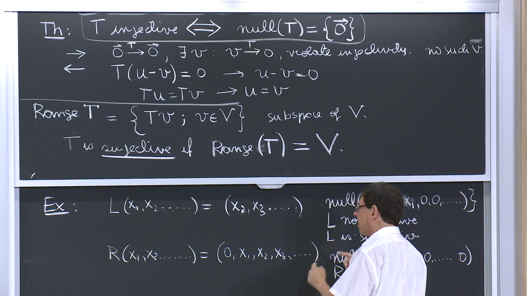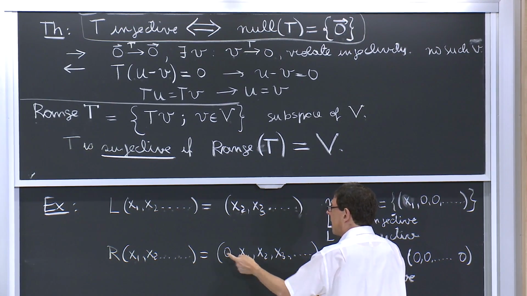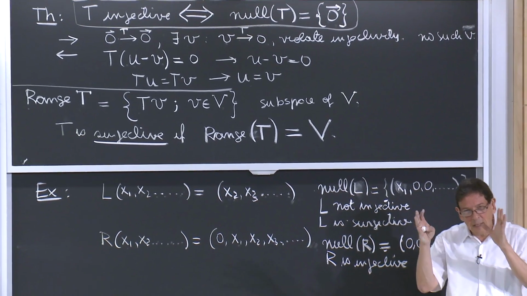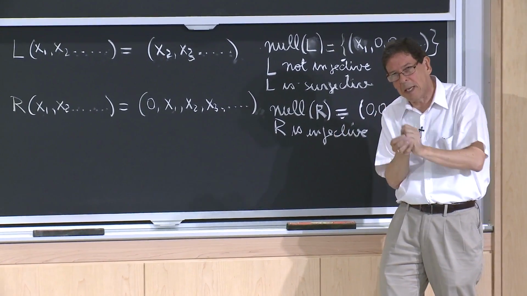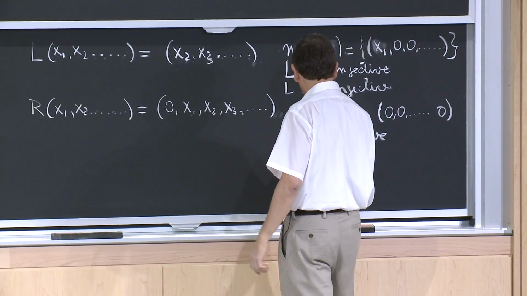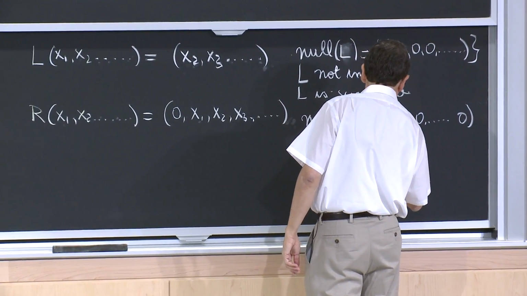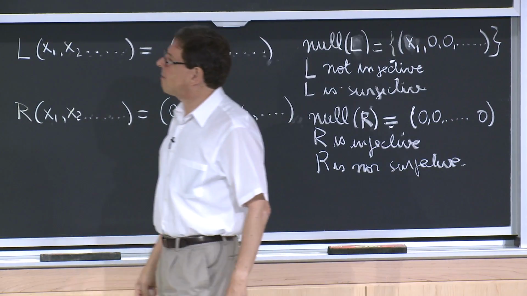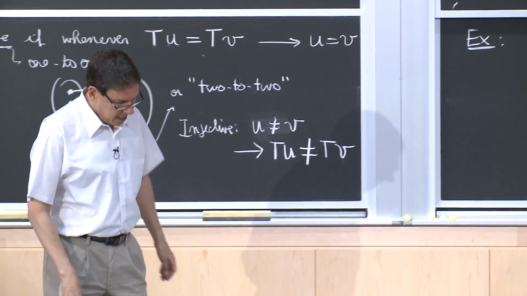So any vector in the vector space that has not a 0 in the first entry cannot be obtained by acting with R. So R takes the vector space and, as it acts, produces something smaller than the vector space, a subset of vectors in which the first entry is 0. So R is not surjective. So that gives us an idea of what's going on here.